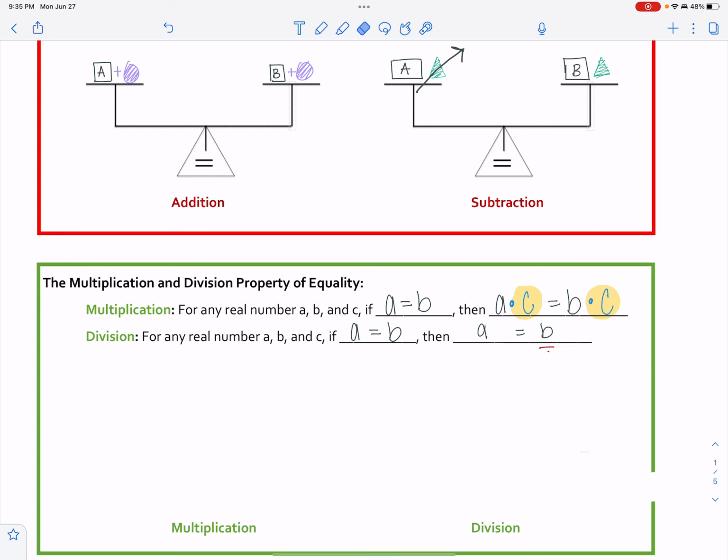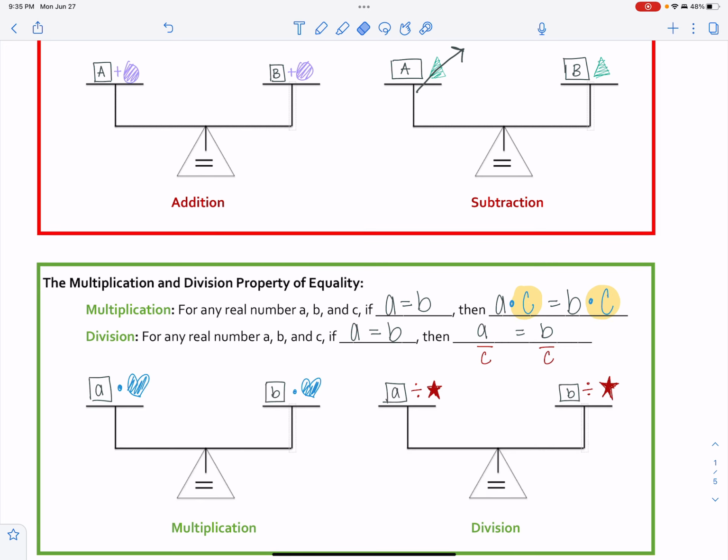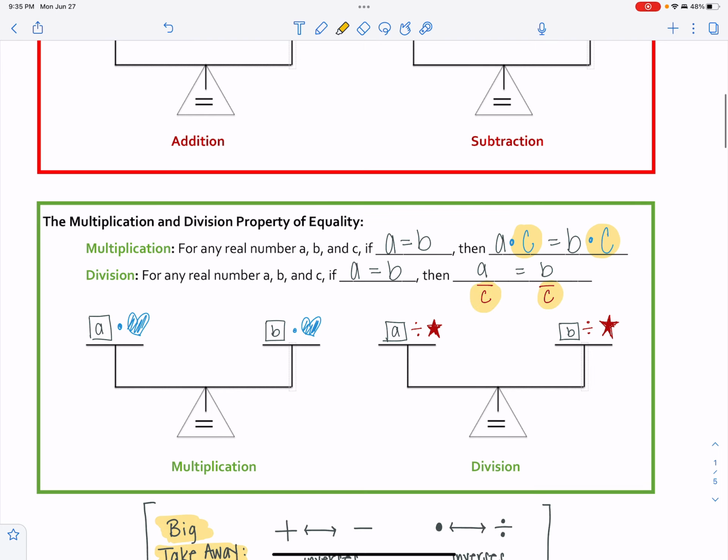And then for division, if a equals b, then a divided by c equals b divided by c. Again, doing that thing to both sides. And then we've got this picture of the balance. If I multiply by a heart on the left, I have to multiply by a heart on the other side of the balance sign. Same thing with dividing on the right.